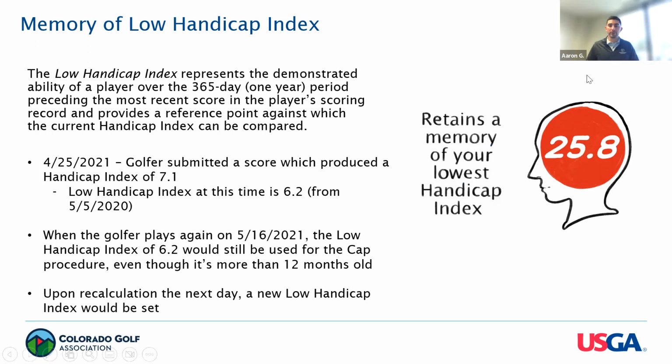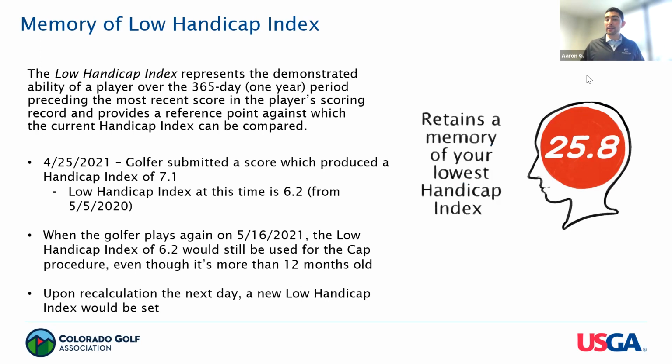On 4/25/2021, the golfer submitted a score which produced a handicap index of 7.1. The low handicap index at that time is 6.2 from 5/5/2020. When the golfer plays again on 5/16/2021, the low handicap index of 6.2 would still be used for the cap procedure, even though it's more than 12 months old.